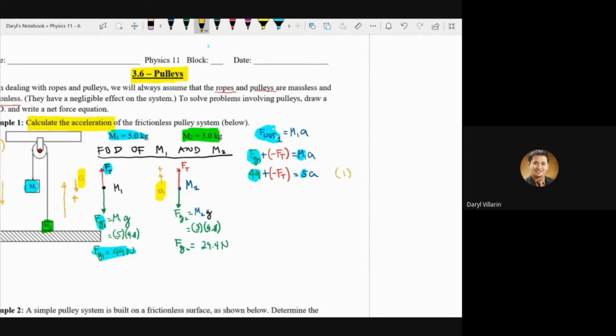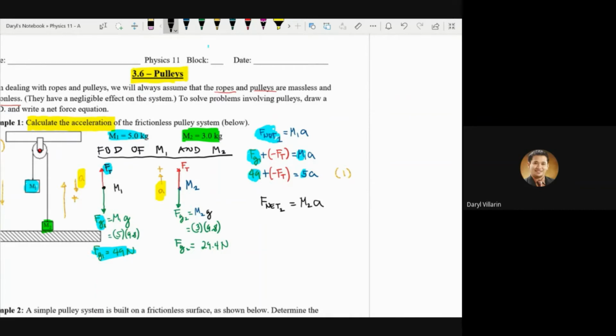Okay? However, I have another object here, my M2. So I'm going to check what are the forces acting on my second object. Well, I know that this is accelerating. So therefore, the net force acting on M2 is equivalent to its mass, M2, and the value of its acceleration.